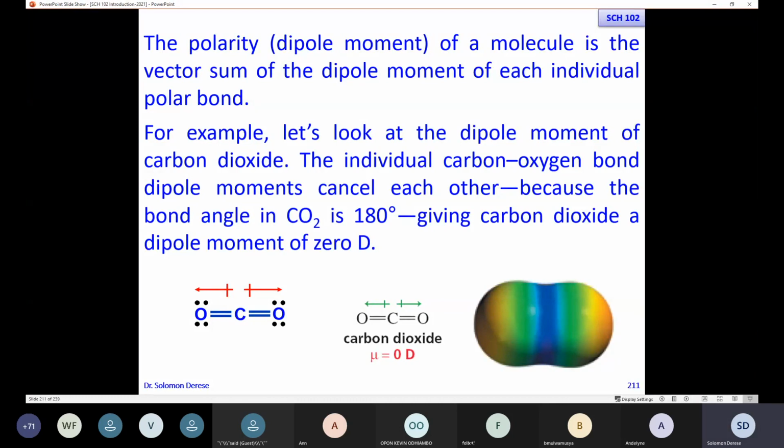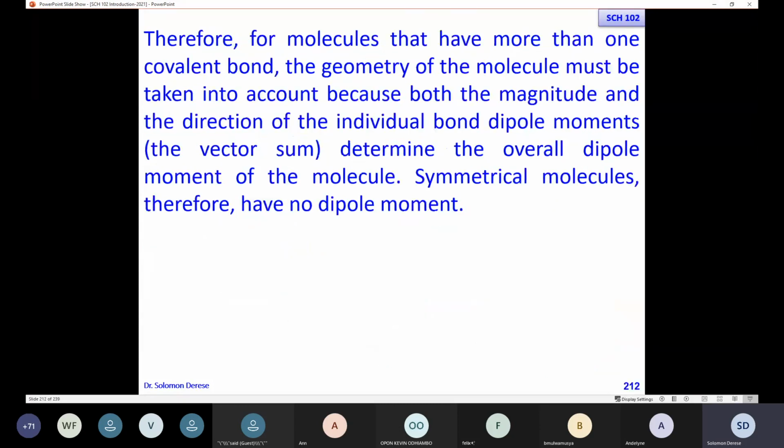Are they reinforcing each other or are they cancelling out each other? As you can see, in the case of carbon dioxide, despite the fact that we have a very polarized carbon-oxygen bond, the molecule itself is non-polar because of the direction in which they point, totally cancelling out each other. So carbon dioxide is non-polar.